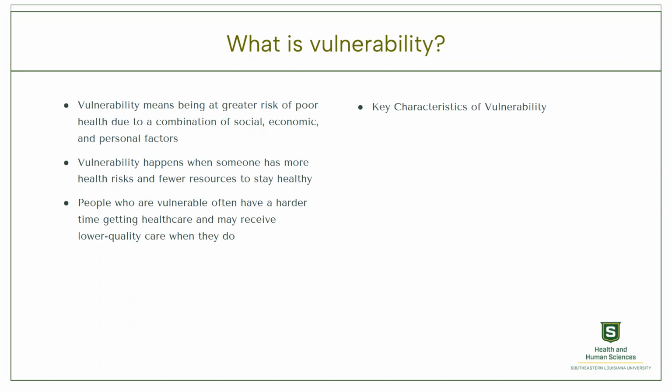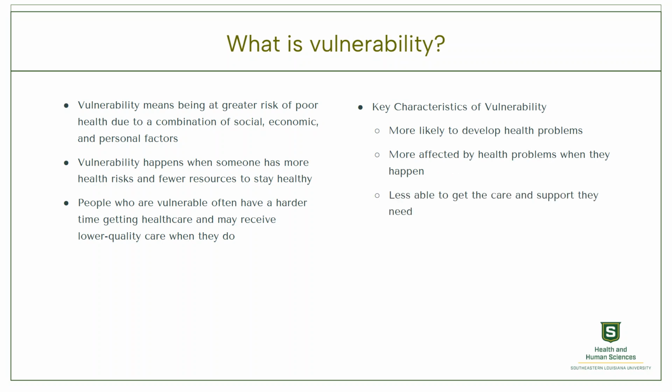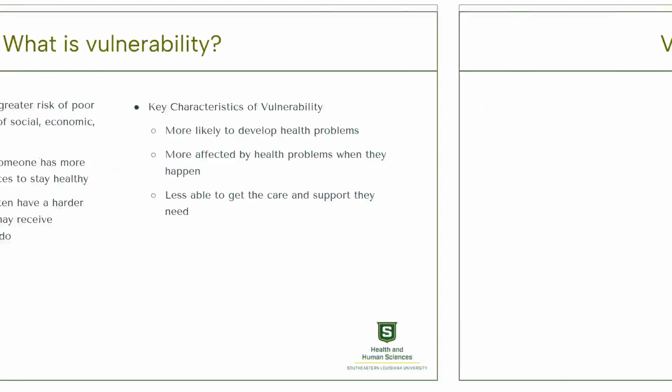So when you're thinking about what makes a person vulnerable, or what are some of the key characteristics you should look at in determining whether vulnerability exists, we can look at who is more likely to develop health problems, who is more likely to be affected by the health problems when they do have them, and lastly, who is less able to get the help or support they need as a result of having health problems. So you have to look at these three characteristics when determining vulnerability.